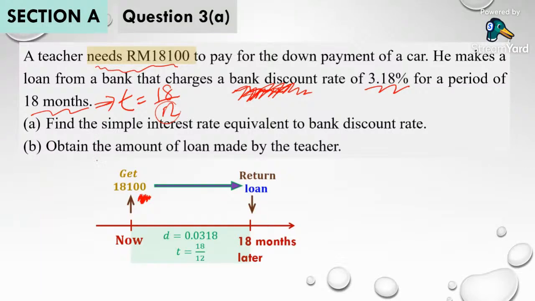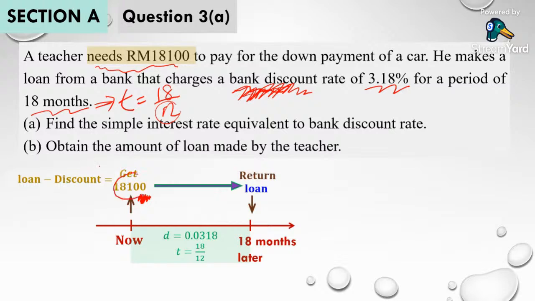So in the concept of discount, the 18100 that is obtained is actually the amount obtained after the loan we ask for minus the discount. For sure, we're going to use some formula on discount rate to get the answer, but let us further interpret the information we need before going to the solutions.